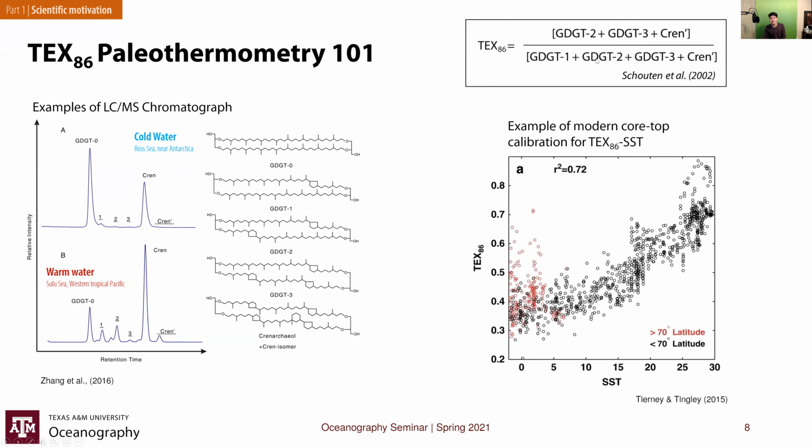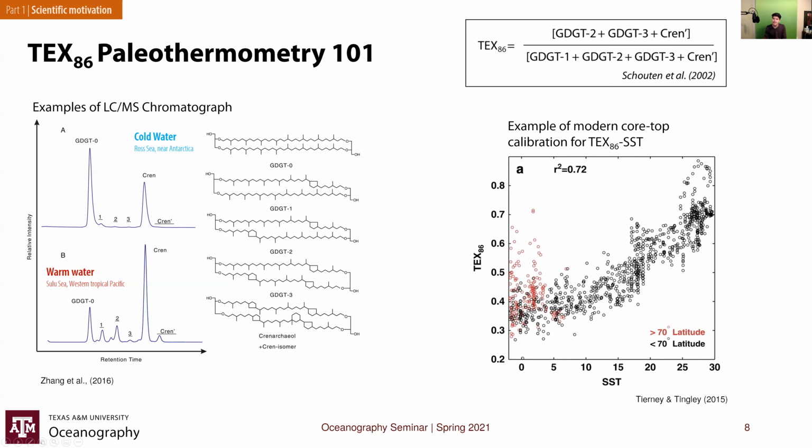And that's how we can tell the difference between the warm and the cold regions. But the TEX86 is the calculation based on all of the minor GDGTs, excluding the GDGT 0 and crenarchaeol. And by plotting these calculations against the satellite sea surface temperature from the global core top sediments, you can see that the TEX86 values from core top sediments from all over the world show a strong positive relationship with the sea surface temperature.